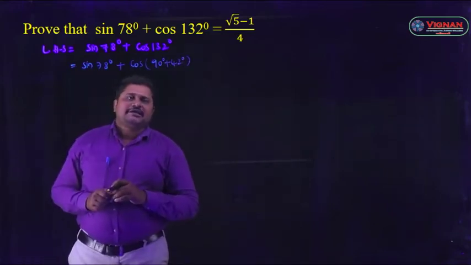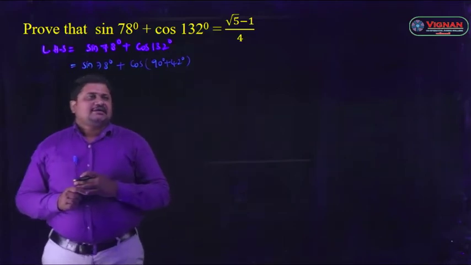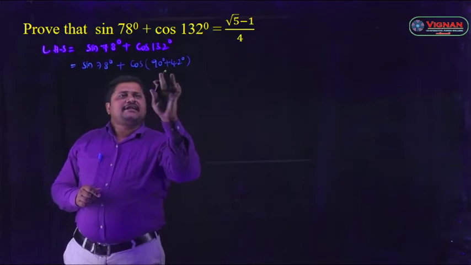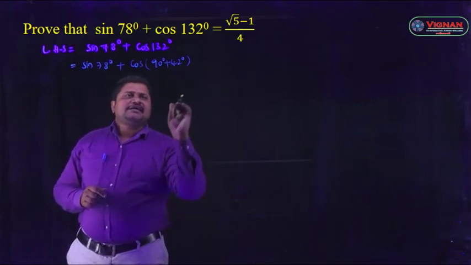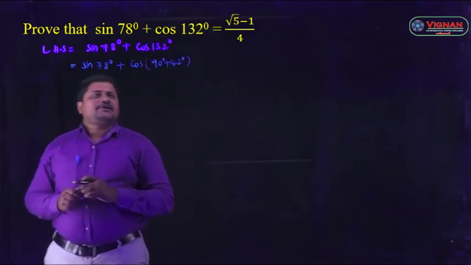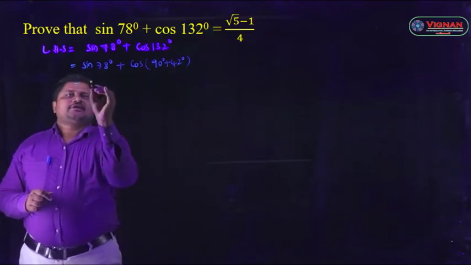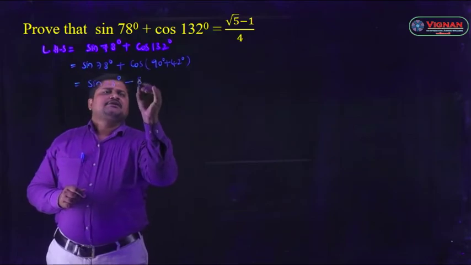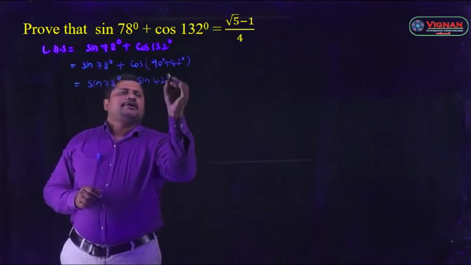We know already cos of 90 plus theta is equal to minus sin theta. Here cos 90 plus 42 degree is equal to minus sin 42 degree. Then we get sin 78 degree minus sin 42 degree.